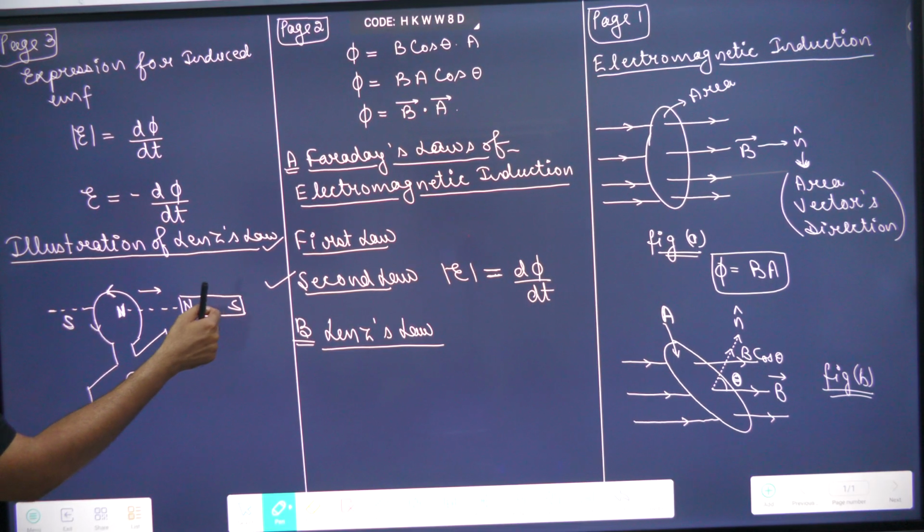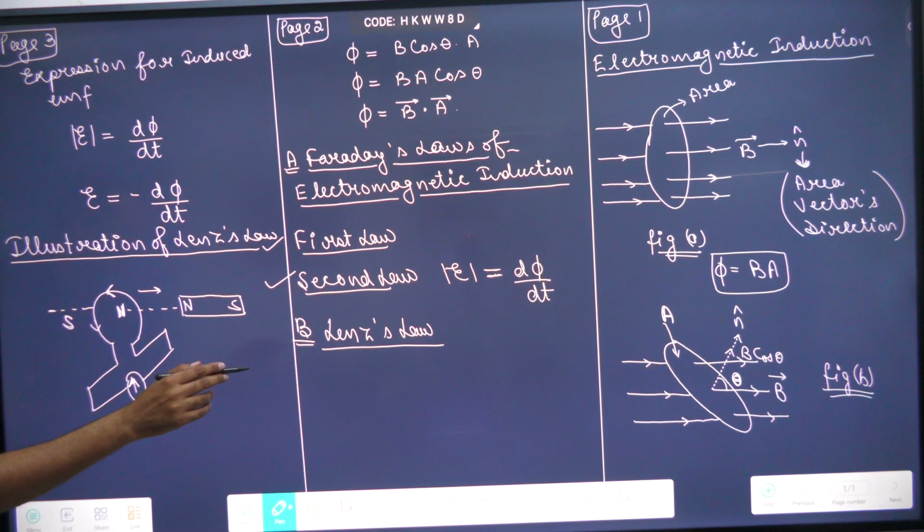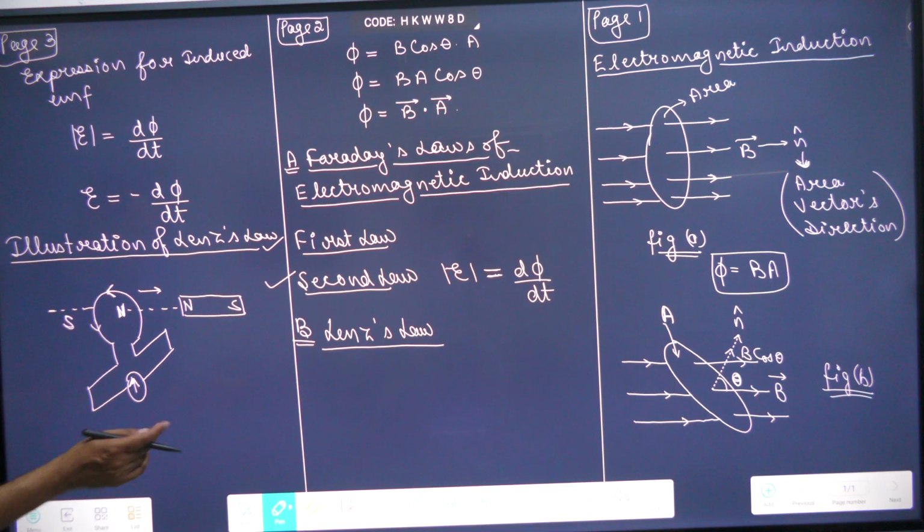So this cause is producing a north pole here, and now this north pole is repelling the magnet's north pole. Okay, so induced EMF or induced current in a loop is like that. It opposes the cause which produces it. Understand? Is that clear to you?